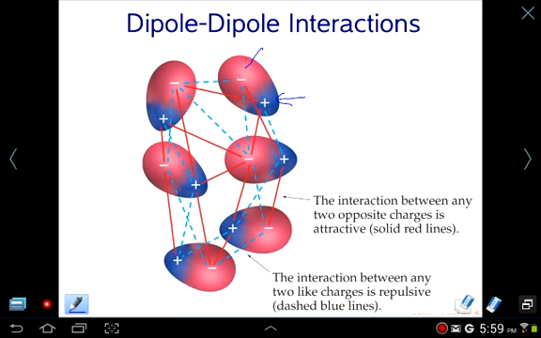This polarity difference is what causes these intermolecular forces. The interactions between like charges will repel, interactions between opposite charges will attract. So overall, the attraction wins and the molecules coalesce together into, say, a liquid or a solid.